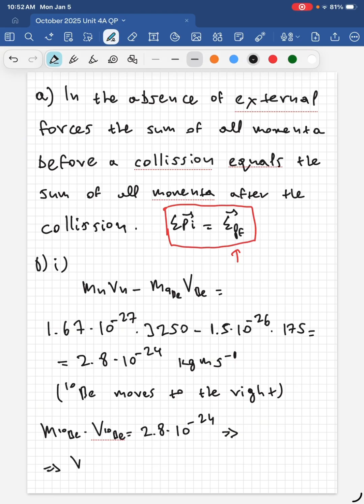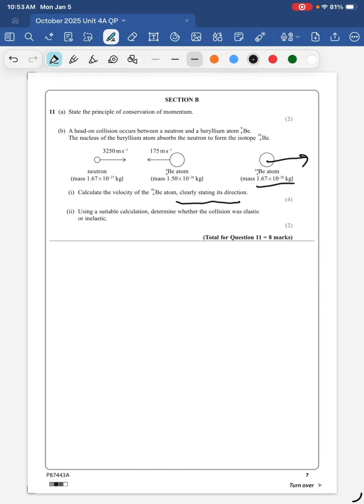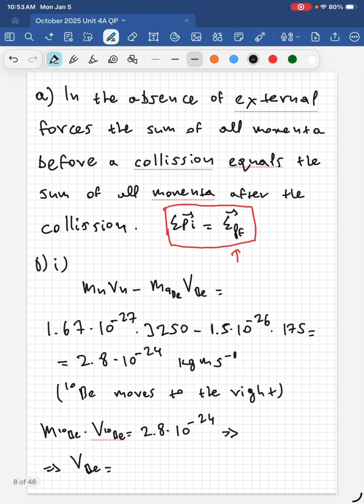Therefore, the velocity of beryllium is going to be, if you divide by 1.67 times 10 to the negative 26, 167.8 meters per second. And I also said this is to the right.